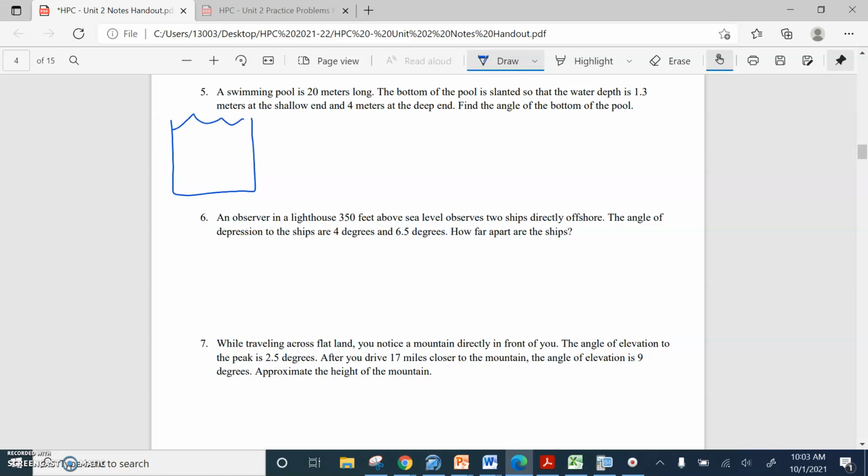In this case, my picture I'm going to depict as such. So there's our water. The shallow end is going to start there, and we know that from the height of the water to the bottom, the shallow end is 1.3 meters, and the deep end is 4 meters.